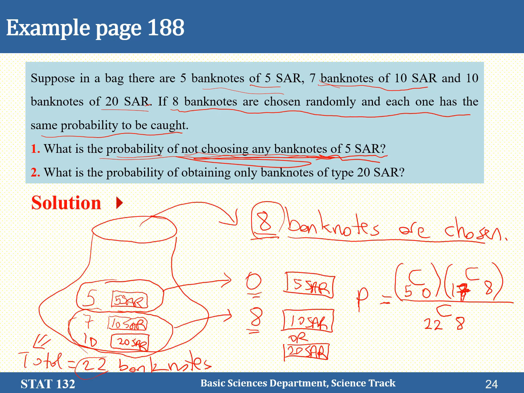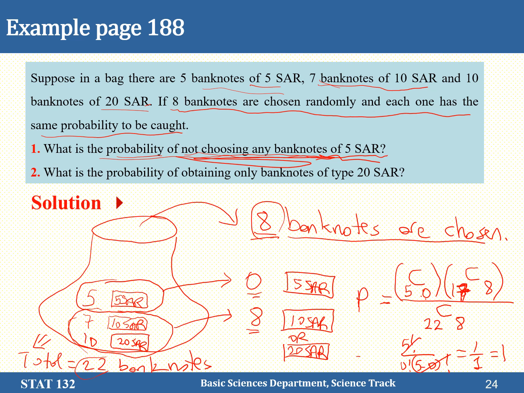Now, this one is equal to 1, so this is easy to see because C(5,0) is equal to 5 factorial divided by 0 factorial times 5 minus 0 factorial. And we know 0 factorial is 1, so it will be just 1. So we don't have to write this one.